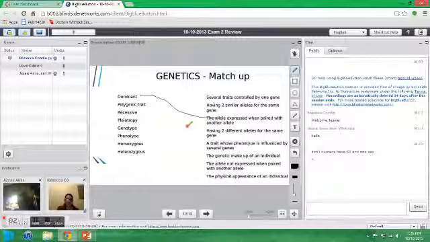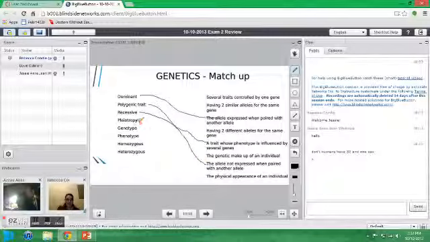Alright, I'm good. What have you got, David? Okay, dominant is the allele expressed when paired with another allele. Yep. And polygenic trait is a trait whose phenotype is influenced by several genes. Yes. Where is it? Okay, there it is.